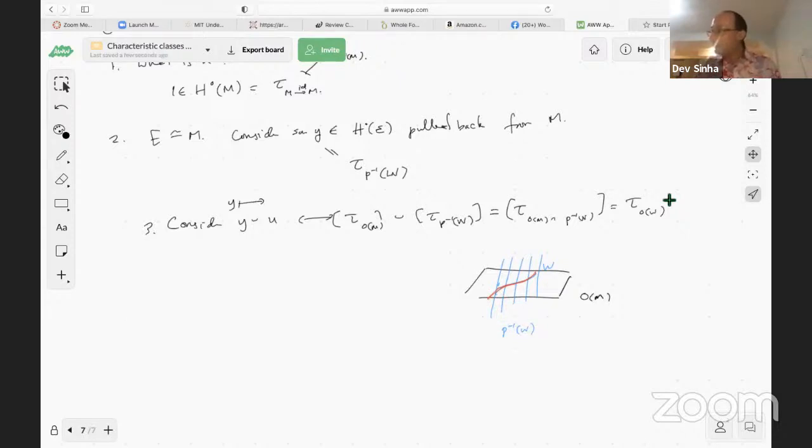Great. So we see that this definition agrees in this special case.